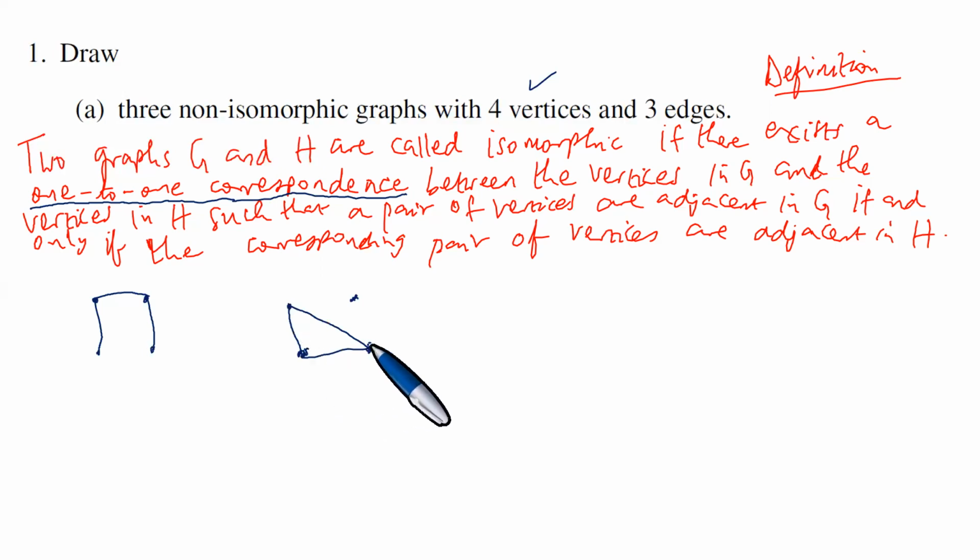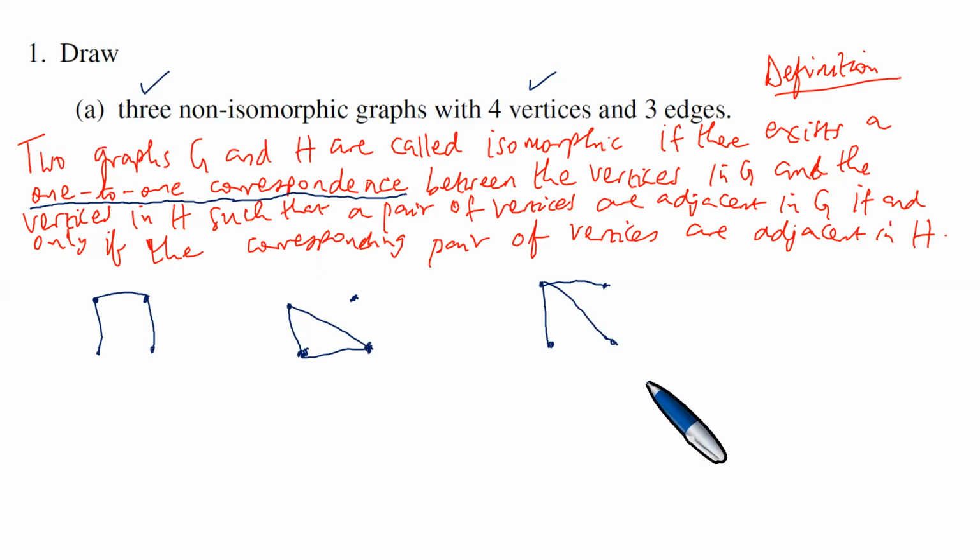Yet there are 4 vertices for this graph. Then we draw the third one: 4 vertices, an edge here, another edge here, another edge there, like this. So we agree that these graphs are non-isomorphic.